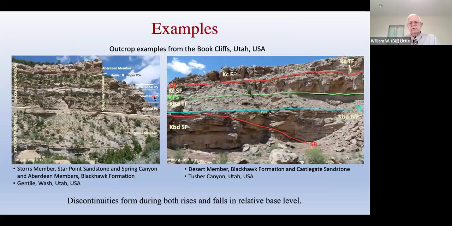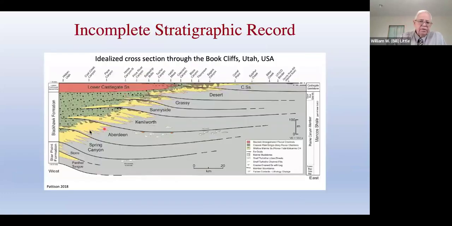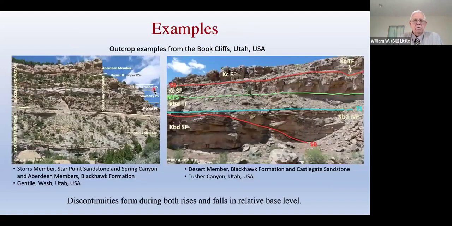This can't be a geology discussion without some pictures of pretty rocks. So I've thrown a few in here. The photograph on the left comes from this area right here, and the one on the right comes from that zone up there. What we're looking at here are these progradational pulses.